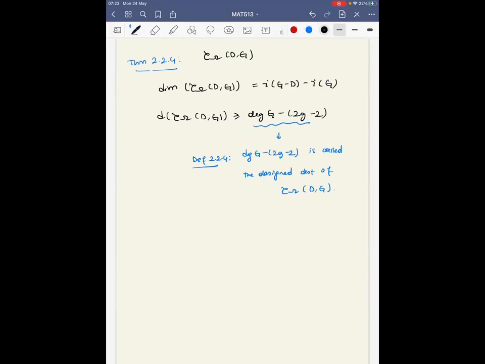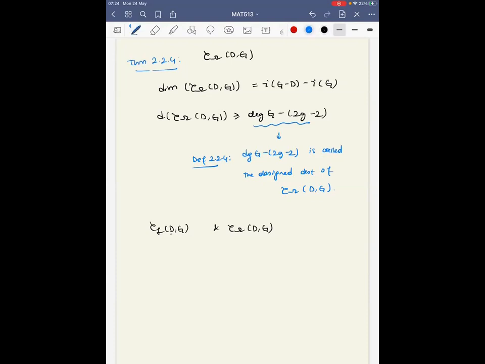And now we will see that there's a close relation between the AG code, which is described in terms of the evaluations of the functions of the Riemann space of G at these distinct places which are supporting D, and the AG code, which is described in terms of the local components of Weil differentials.